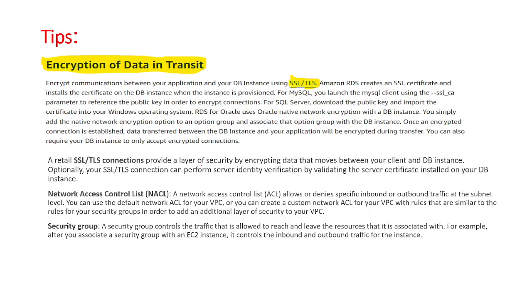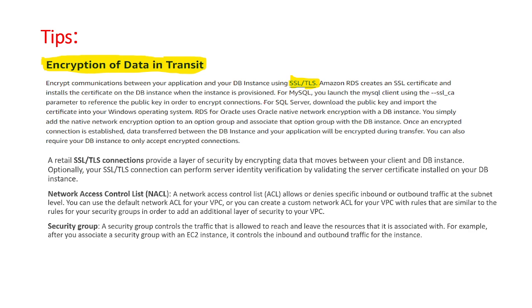So here is the big step I have shown you: encryption of data in transit. Obviously we need SSL and TLS. Encrypted communication between your application and database should use the SSL and TLS protocol with certificates.